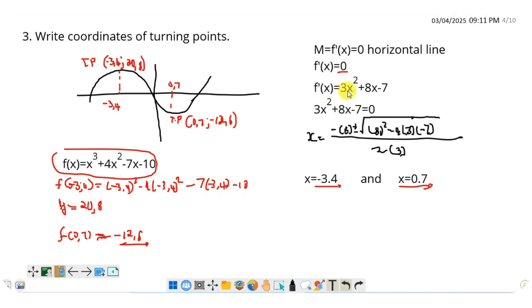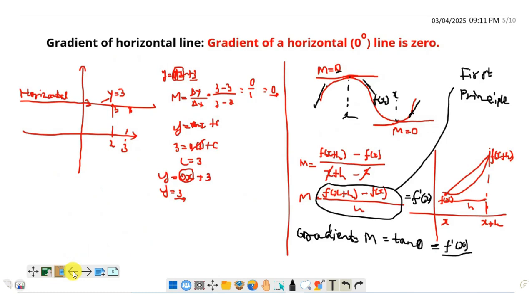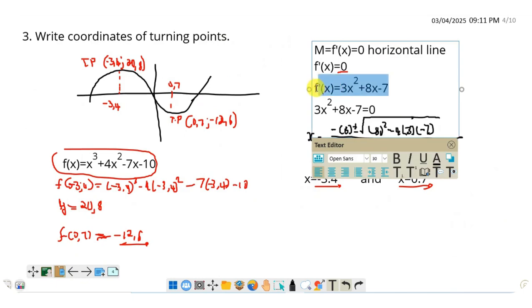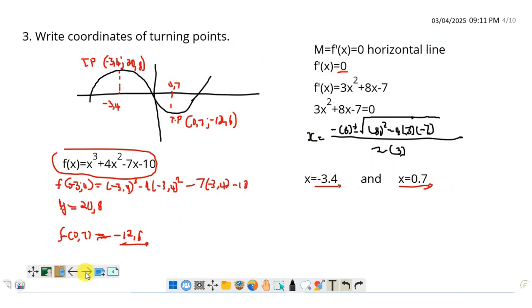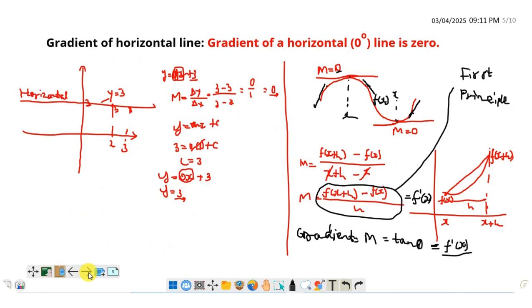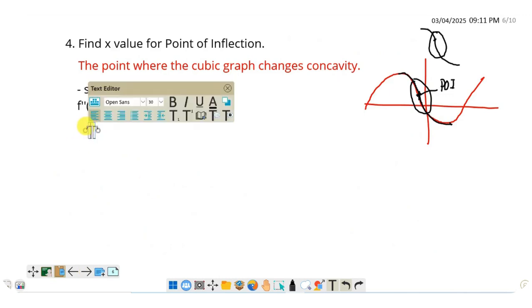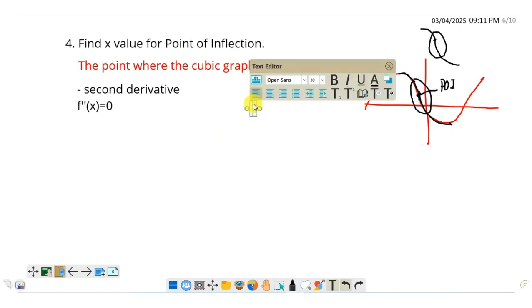Okay, copy this part. So this is the first derivative.